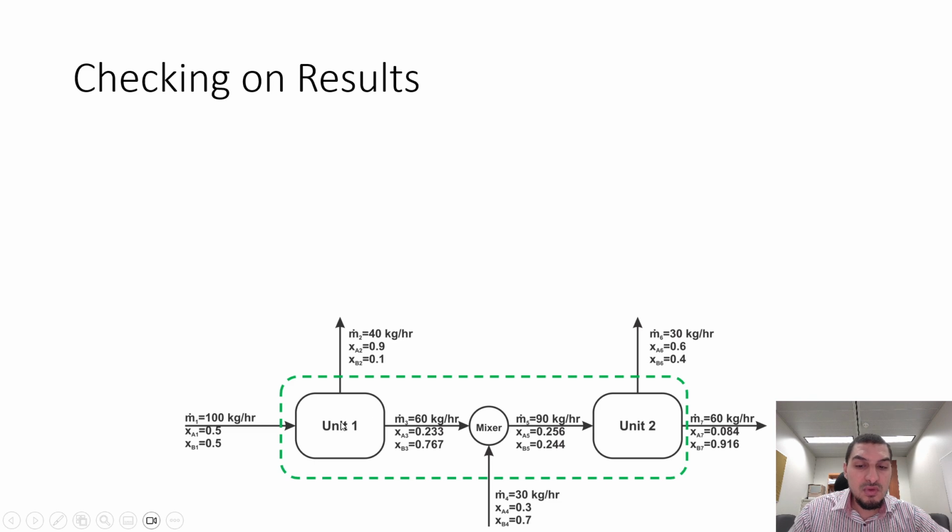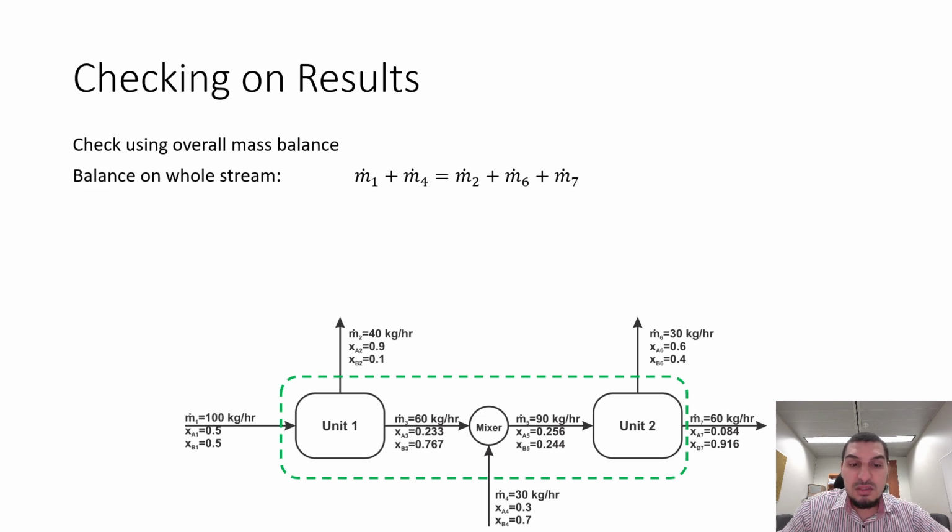Either you go with unit 1, mixer, unit 2, or with overall, unit 2 and mixer, or with overall, unit 1 and unit 2, if possible, it's going to work anyways, with only 3 units. The extra systems that you can use will be just for checking, like what I'm doing here. So if I use the overall mass balance, it's going to be all known variables, in equals out.